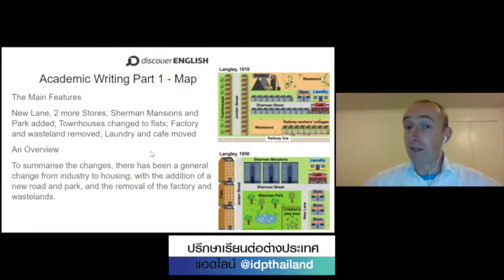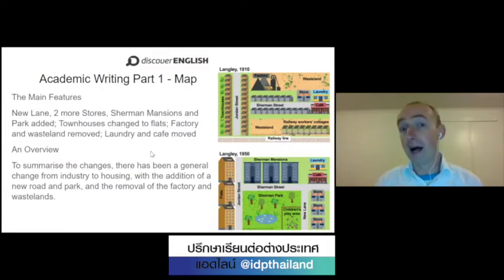So you see you've got the dates there, and you've got the place name. The town is called Langley, and you've got 1910 at the top for the first map, and the second map you've got 1950. So what you're describing here, and the language you're using, is to describe change. Langley in 1910 compared to Langley in 1950.